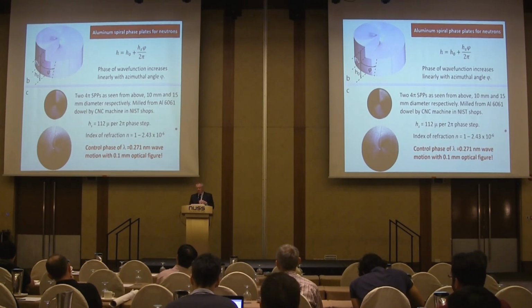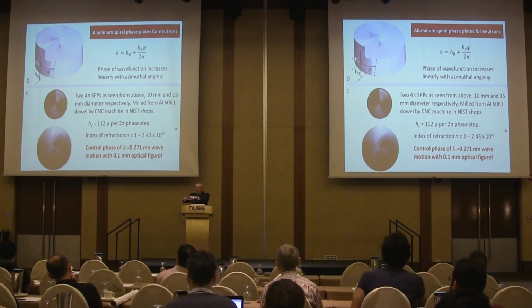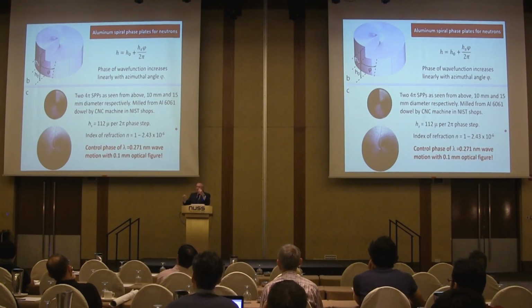So in fact, this criterion of optical design, that the figure must be in conformance with the wavelength of operation, obviously applies for reflectors. It applies for refractors because the difference in the index of refraction of a refractive material from vacuum is of the order of 1.